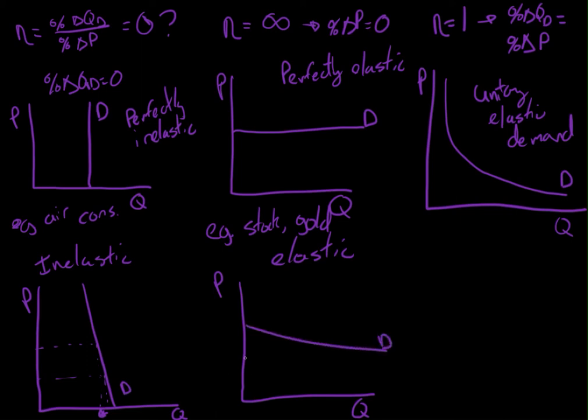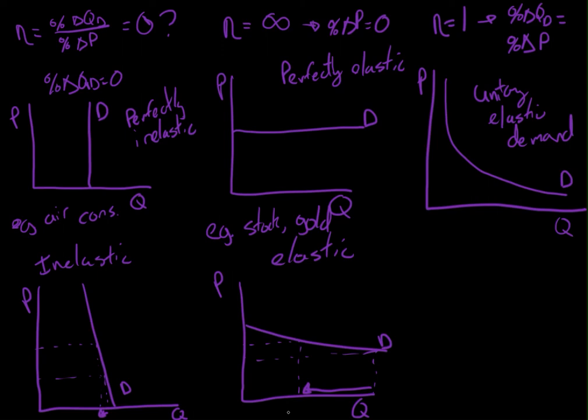So here you change the price, and you don't even double it, you just increase it by a small amount, and all of a sudden you could see a big drop in quantity demanded. So here very low response to a change in price, here very high response to a change in price.